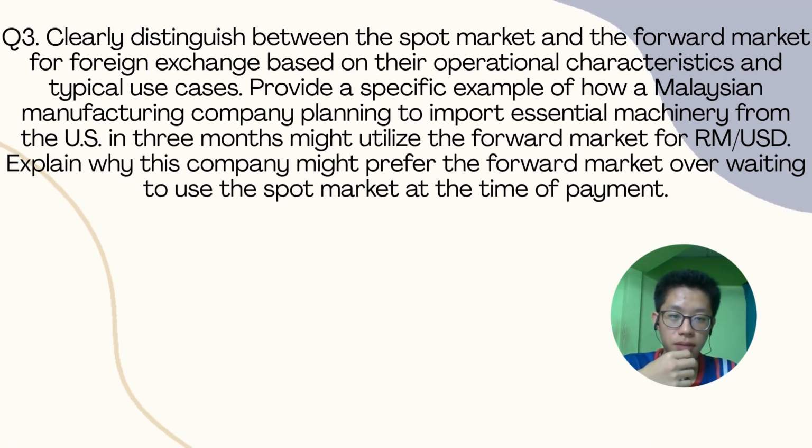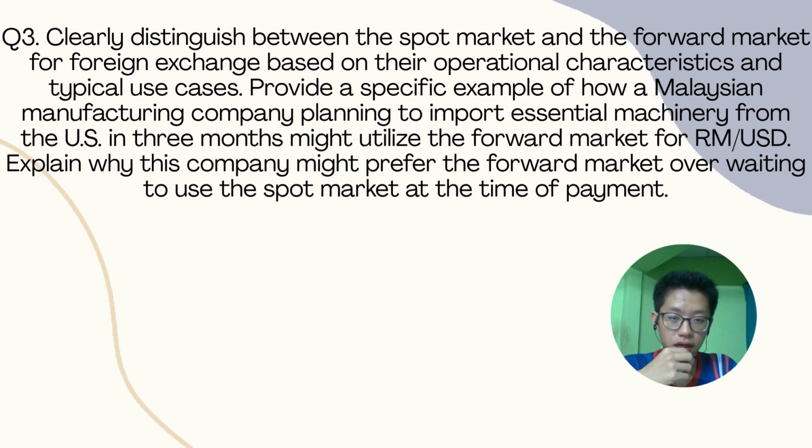A Malaysian manufacturing company plans to import essential machines from the US worth 100,000, and payment is due in 3 months. Suppose the current spot rate is 4.8 ringgit per dollar. The company enters the forward market at 4.88 ringgit per dollar and locks this in for 3 months.